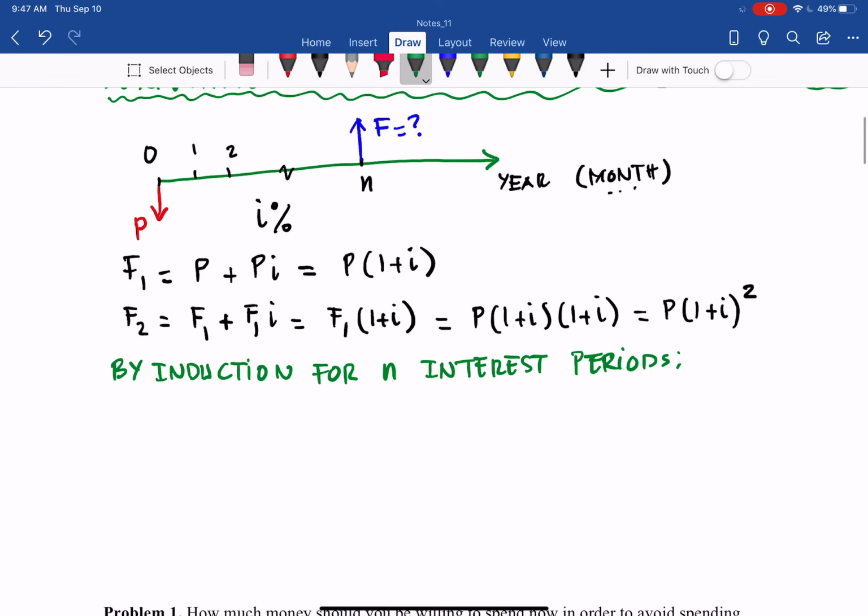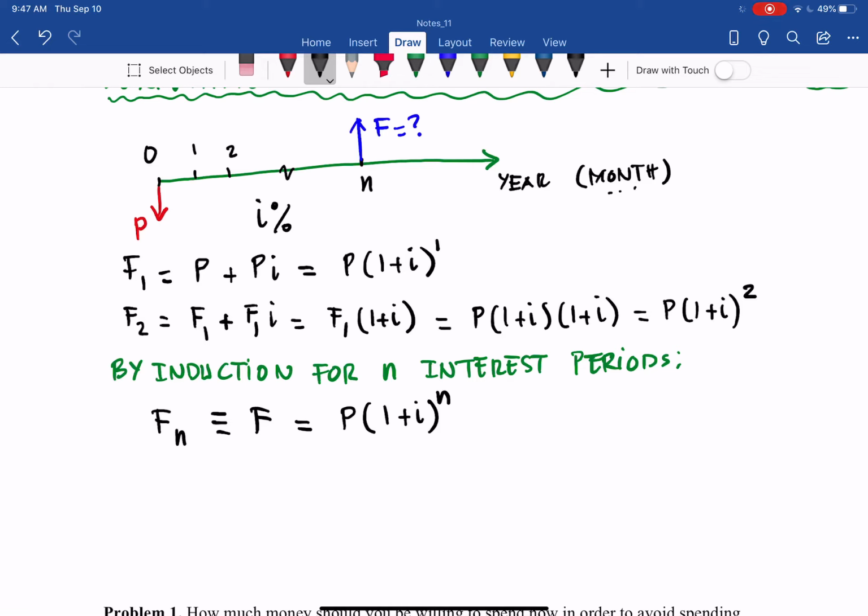In that case, to make life easy, we just call that F. As you can see, at year 1 I have P(1 + i) to the power 1, at year 2, P(1 + i) to the power 2. By induction, I can say that it equals P(1 + i) to the power n.